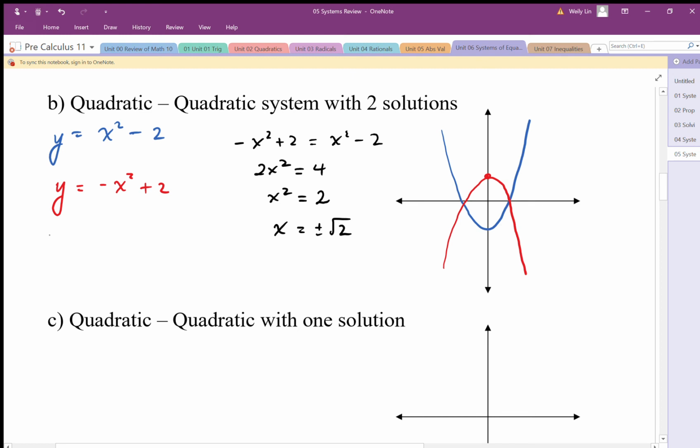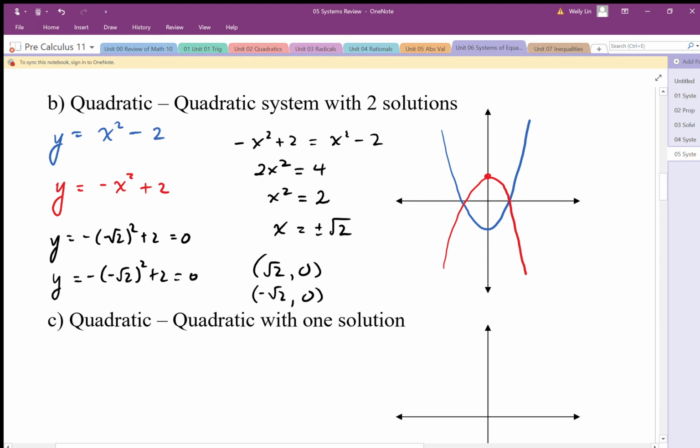Okay, so y equals negative root 2 squared plus 2. That equals 0. So y equals negative of negative root 2 squared plus 2, y equals 0. So my two solutions are root 2, 0, and negative root 2, 0. Those are my two solutions for this system. And you can see that they intersect at those points there.